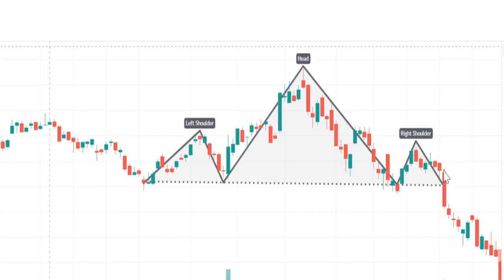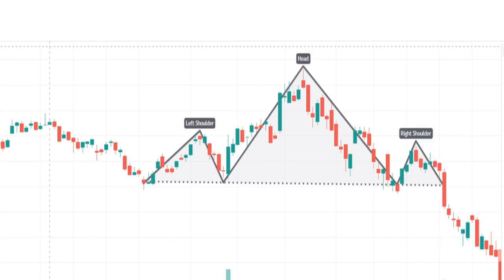Once this candle pushes downward and closes below this neckline, that is when this pattern is completed. So you can enter the trade on this candle, and your stop loss will be the high of the previous 3 candles, 1, 2, 3, and 5 cents. Or you can also enter the trade on the retracement.